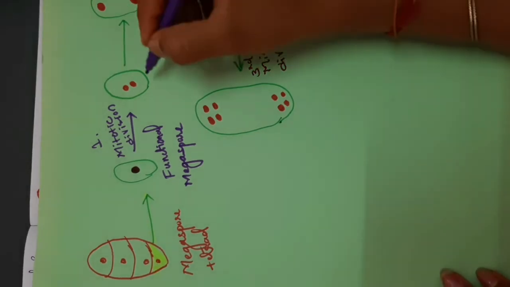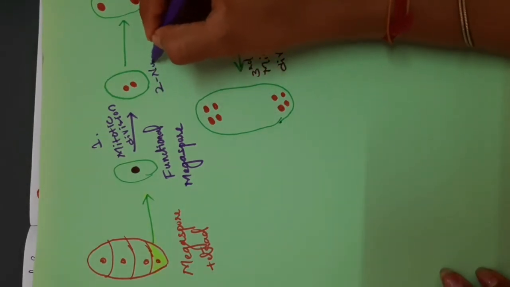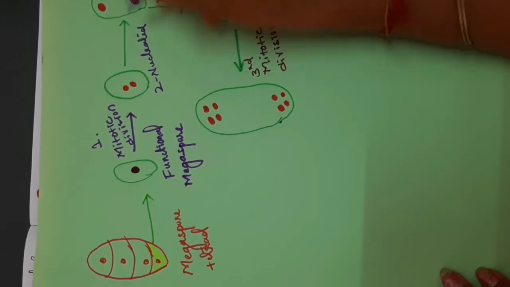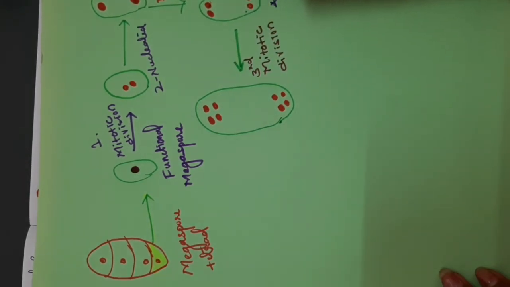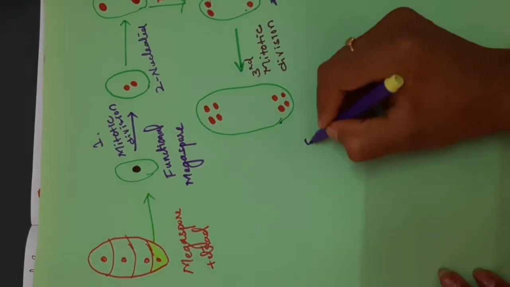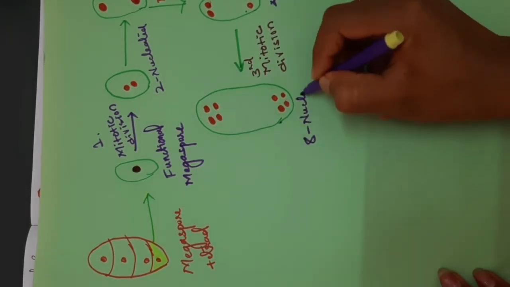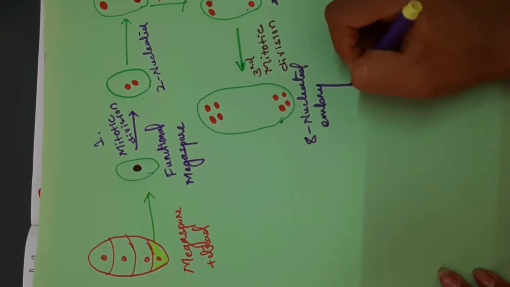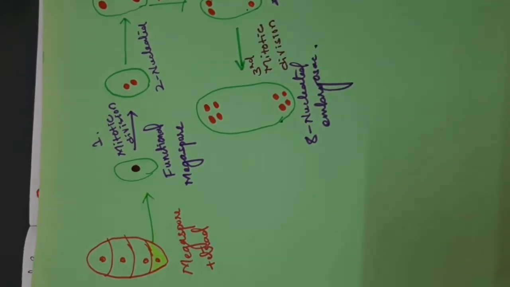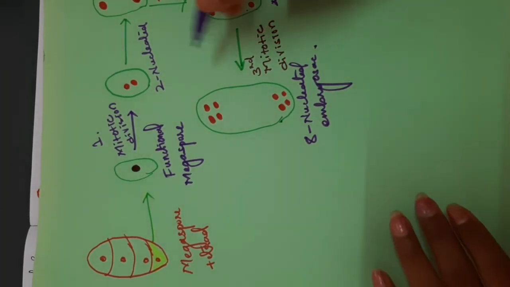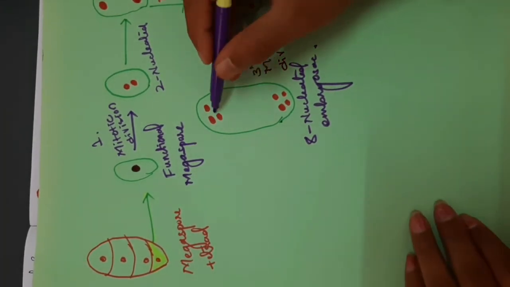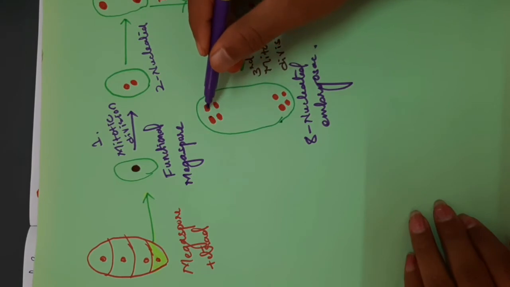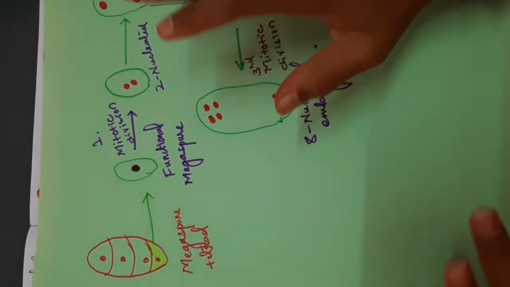This one is a 2 nucleated, this one is a 4 nucleated, and this one is an 8 nucleated embryo sac. Here you can see only the division of the nucleus occurs without any formation of walls.